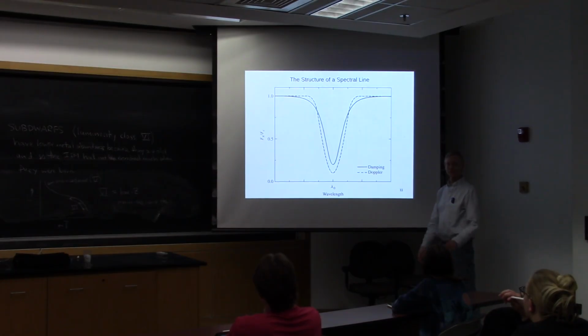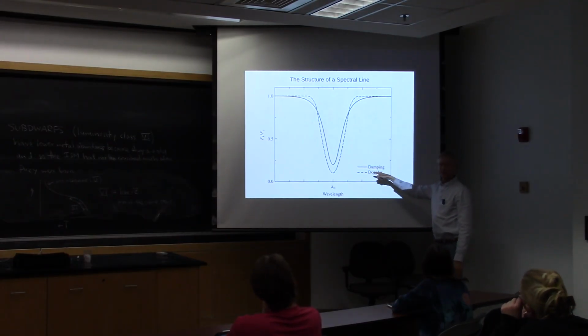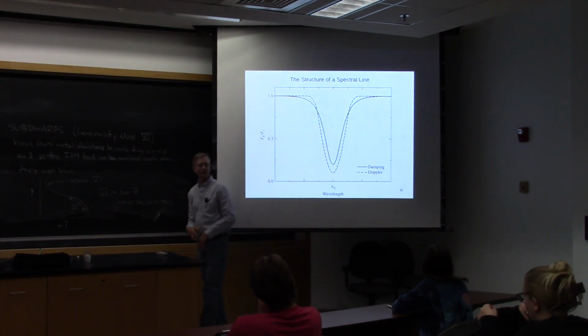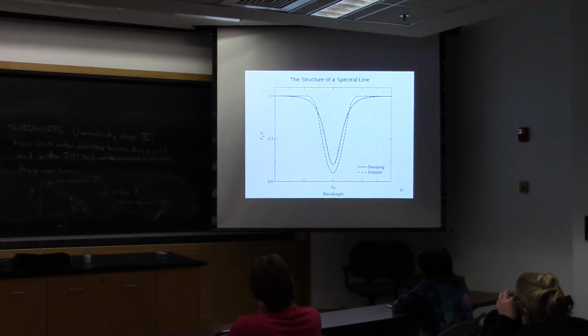I'd mentioned before that the damping profile is narrower, but it falls off slower away from the core. And so away from the core of the line, in the wings, it's dominated by damping. So we say that spectral lines typically have Doppler cores and damping wings when you combine everything together.